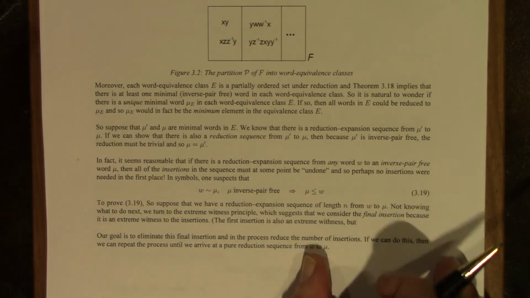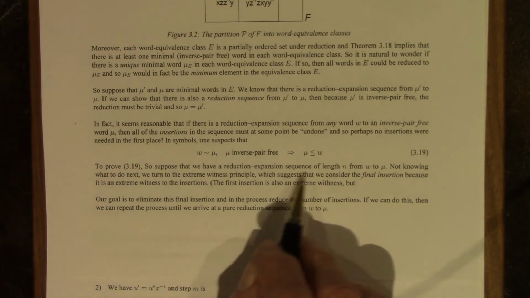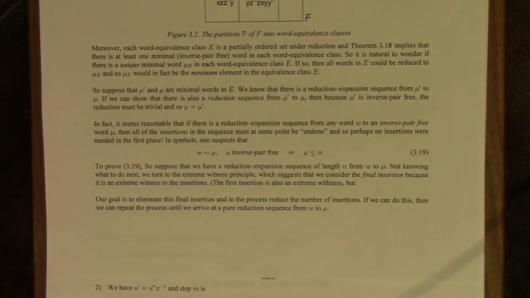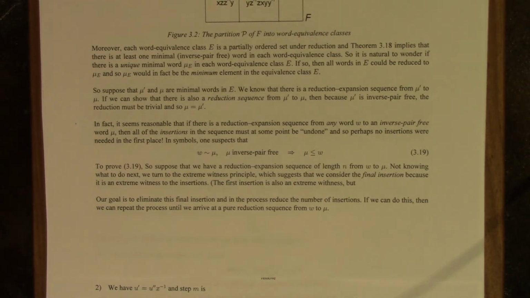So to prove this, suppose we have a reduction expansion sequence of length n from W to mu. Not knowing what to do next, we would turn to the extreme witness principle, which I discussed at the beginning of these lectures. And it suggests we look at an extreme witness to the insertions.